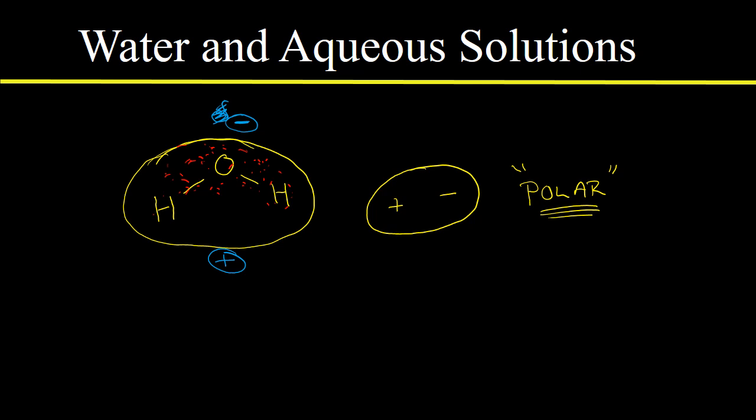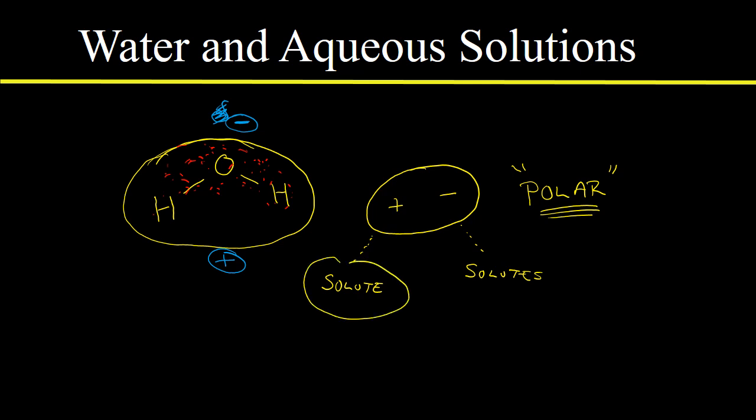And that's important because when you dissolve something in water, the positive part of the water molecule can be attracted to some solutes, and the negative part can be attracted to other solutes. So the things that dissolve in the water are not just floating around by themselves.